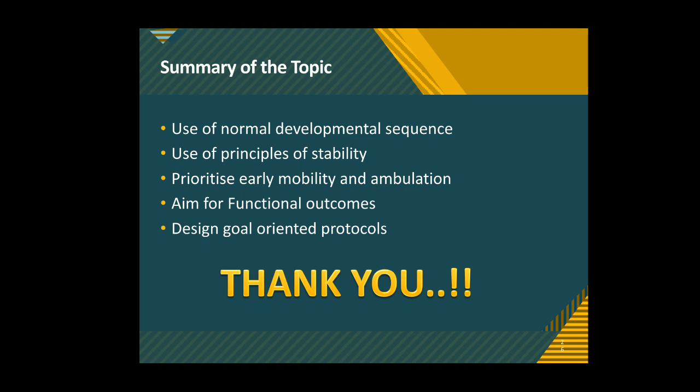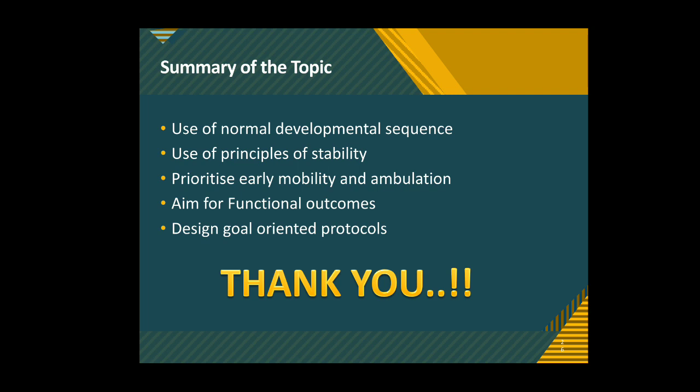First, we use normal developmental sequence because we want to train normal functional activities, normal muscle activation sequences, and normal activity patterns. Second, we use principles of stability by manipulating the base of support and center of gravity and limits of stability in each position in each activity.